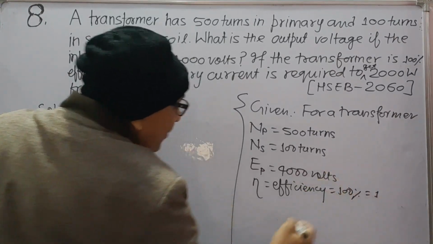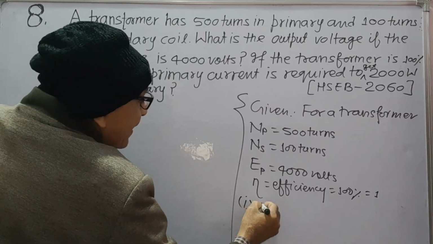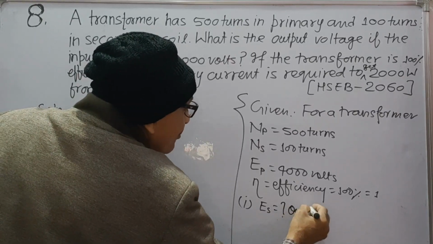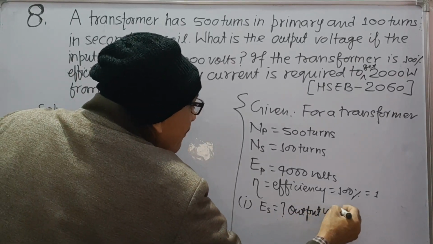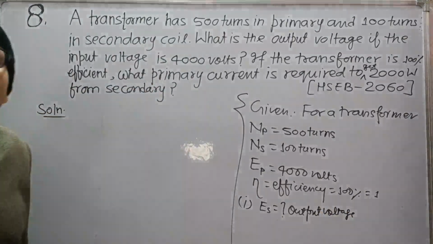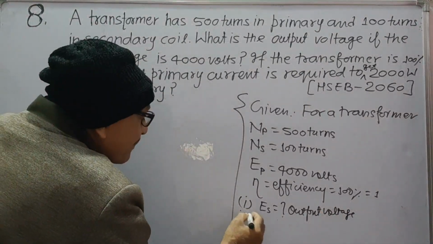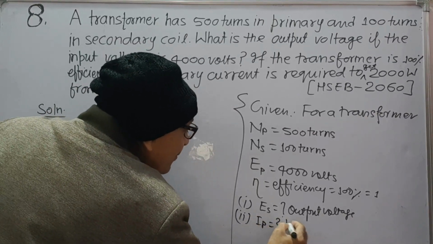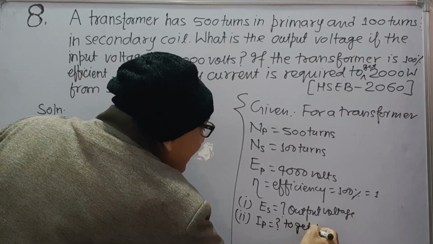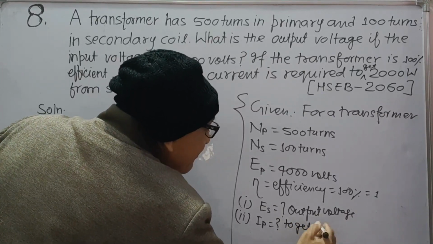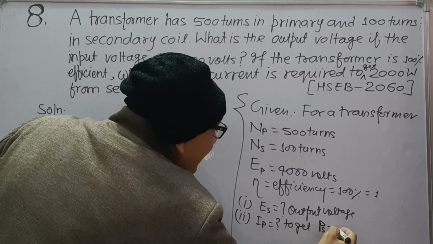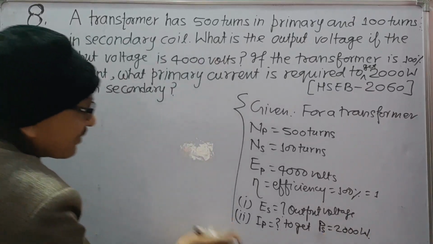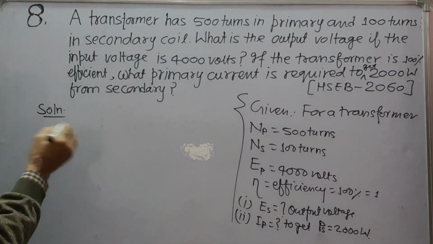First, E secondary is what? That is the output voltage. And second one, IP is what? Primary current to get P secondary as 2000 watts, meaning output power.